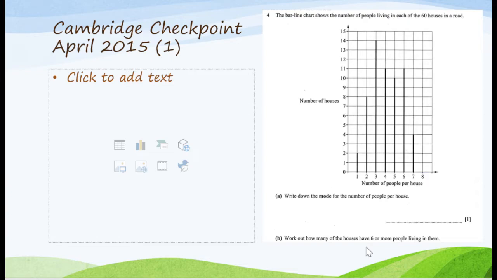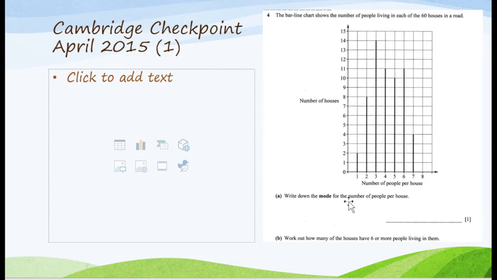Write down the mode. The mode is the most. Meaning the most for the number of people per house. Write the mode for the number of people per house. Which one has the highest number of houses?